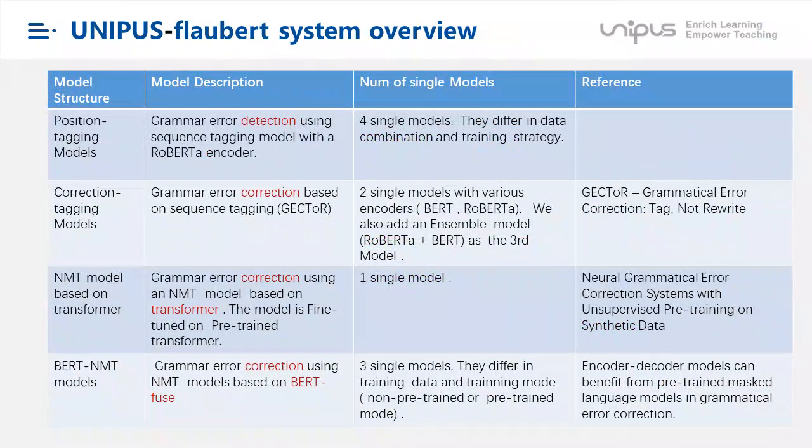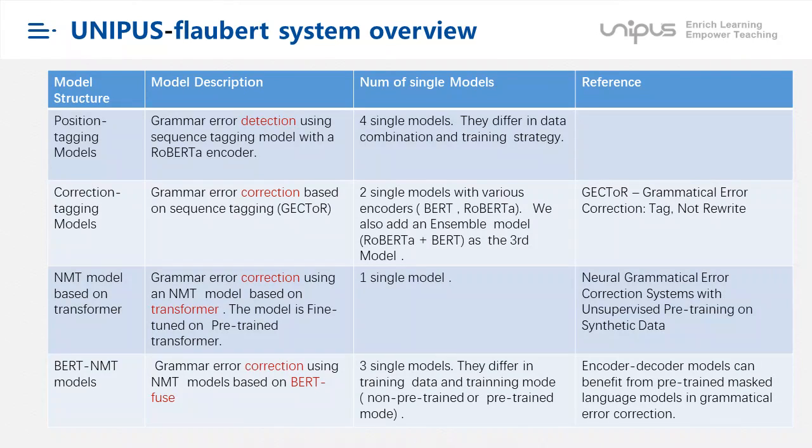Let's take a further look at our system. The system contains 4 types of models, each of which has one or more single models. Here in the first row, we use a sequence tagging model for GED, and we call it the position tagging model. And in the second row, we use a sequence tagging model for GEC. The model structure is similar to GECToR proposed by Grammarly.